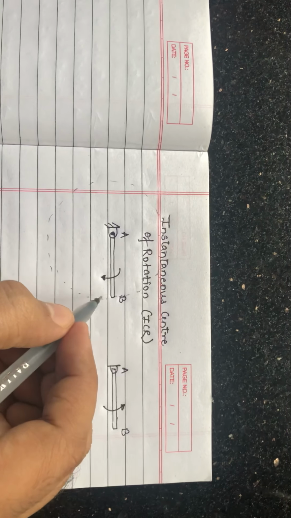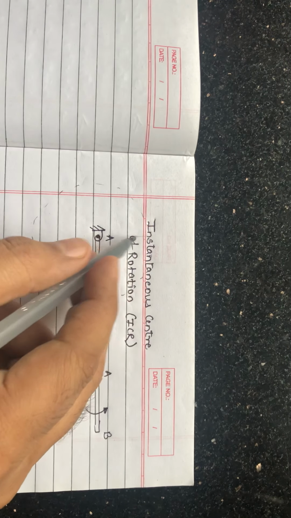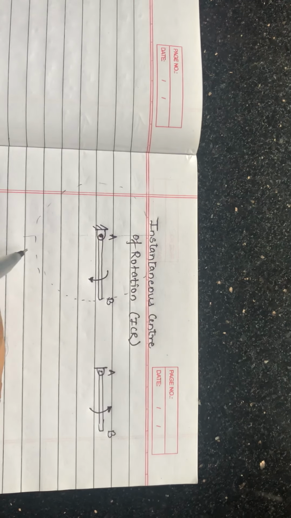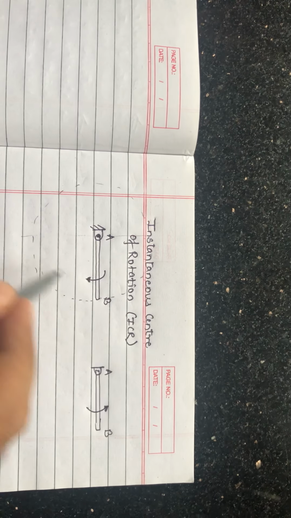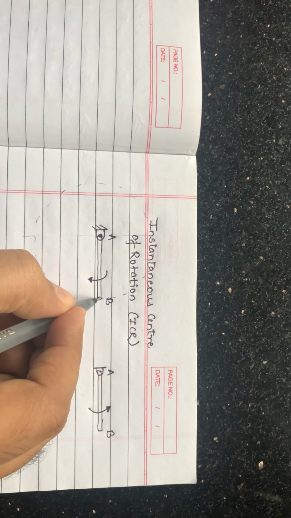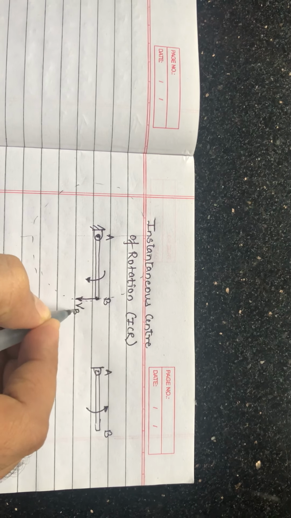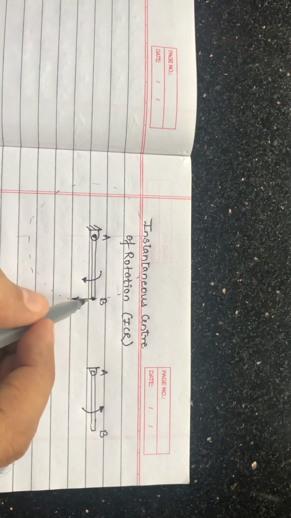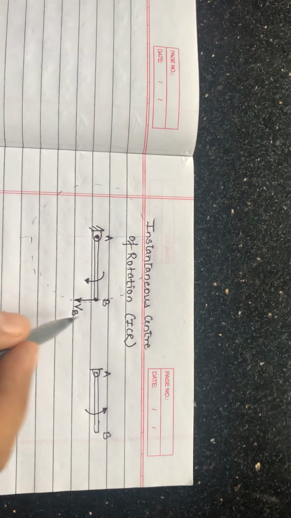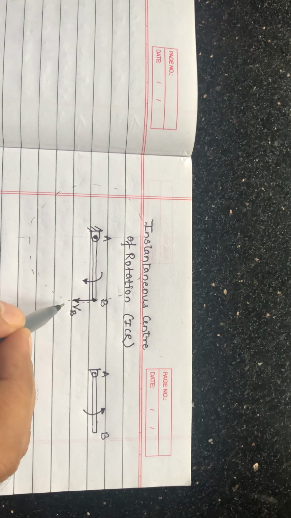When the rotation is happening, it will not make a complete circle, but it will be limited to a 180-degree rotation, either this side or this side. If it is moving in a clockwise direction, then the point B will have a velocity which is exactly perpendicular to the rod. How is it so? As I said previously, if the point B is making a rotation, then the velocity is always tangent to the circle.